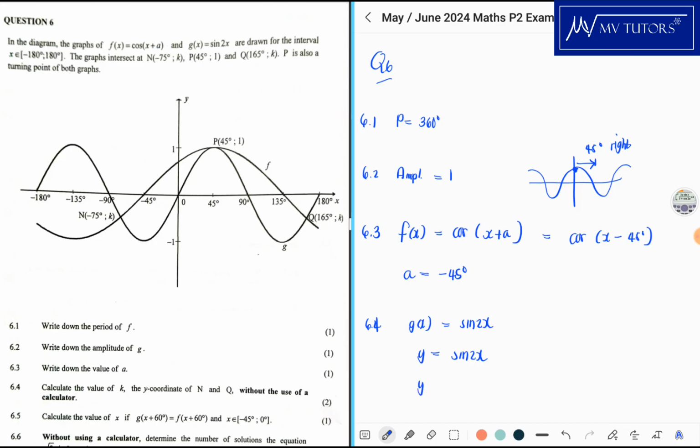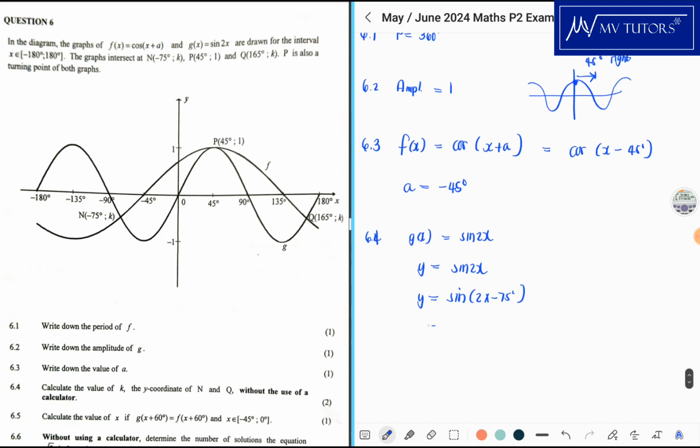Okay, so y is equal to sine 2 times negative 75 degrees. And 75 times 2 is 150, but negative 150. And then we're calculating k here. So sine of a negative angle is just negative sine of the angle.